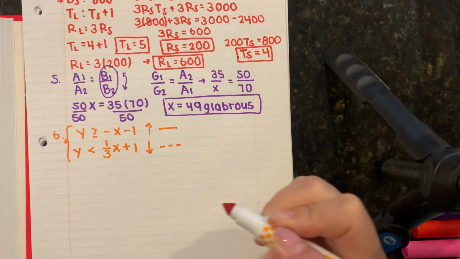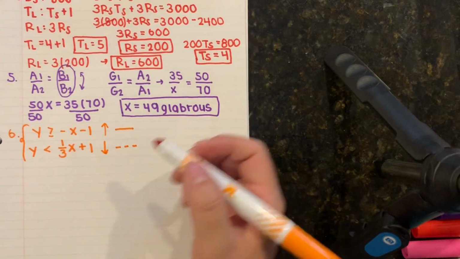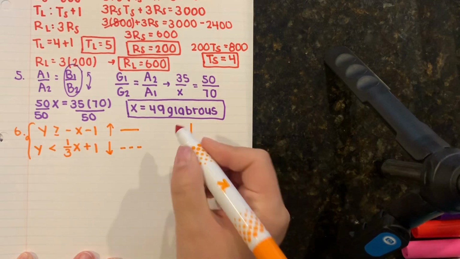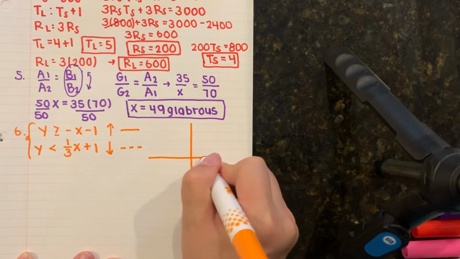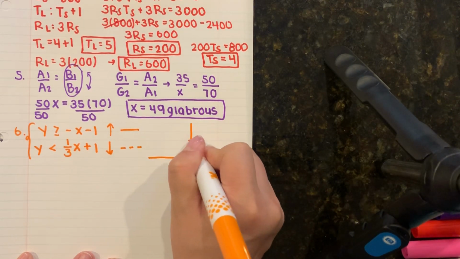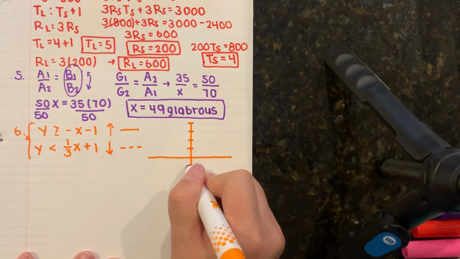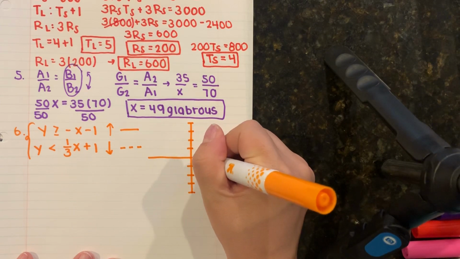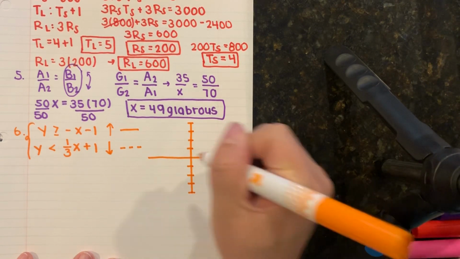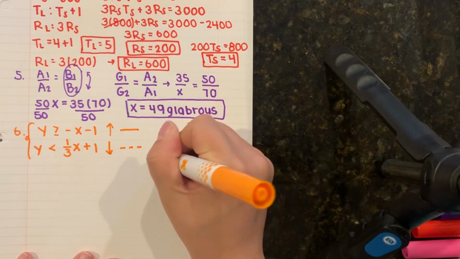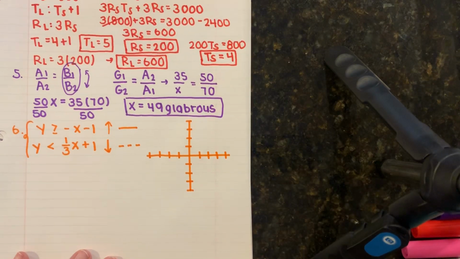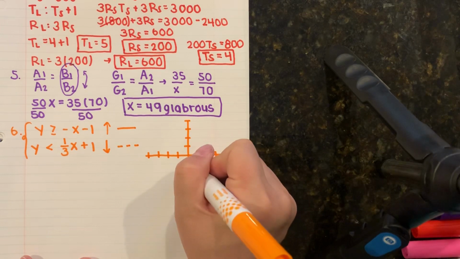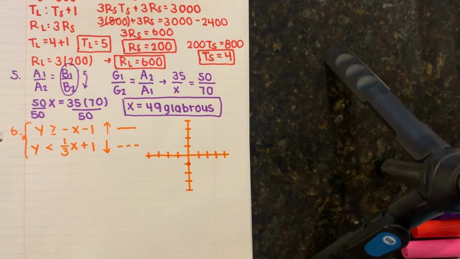Now I'm going to graph this. I'm going to come over here, make a graph. So 1, 2, 3, 4 up, and then 1, 2, 3, 4 down. Mine's going to be a 4x4 graph. So now it says -1. This is where it's crossing the y-axis. So at -1, I'm going to put a point.